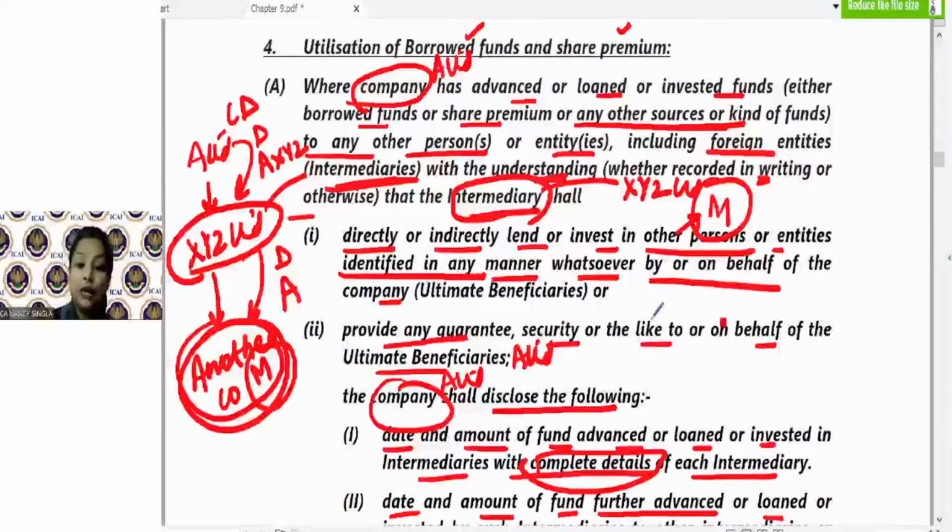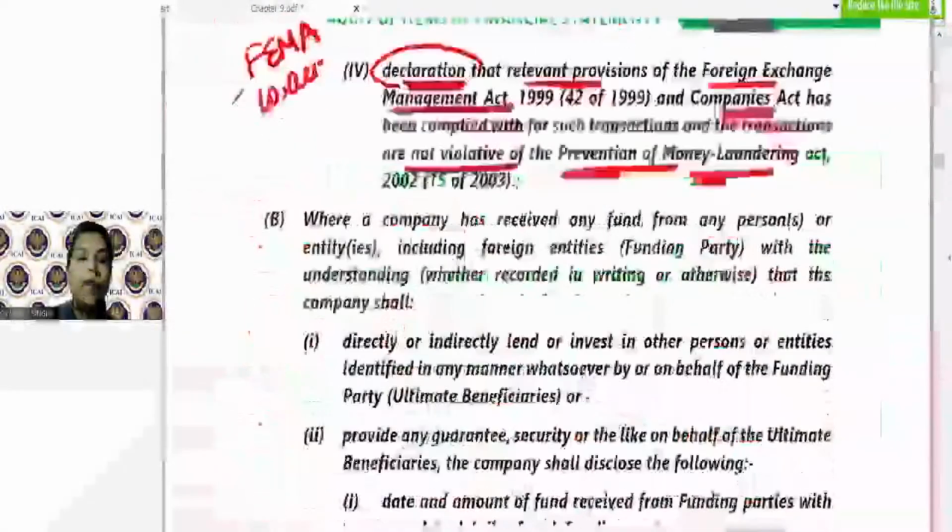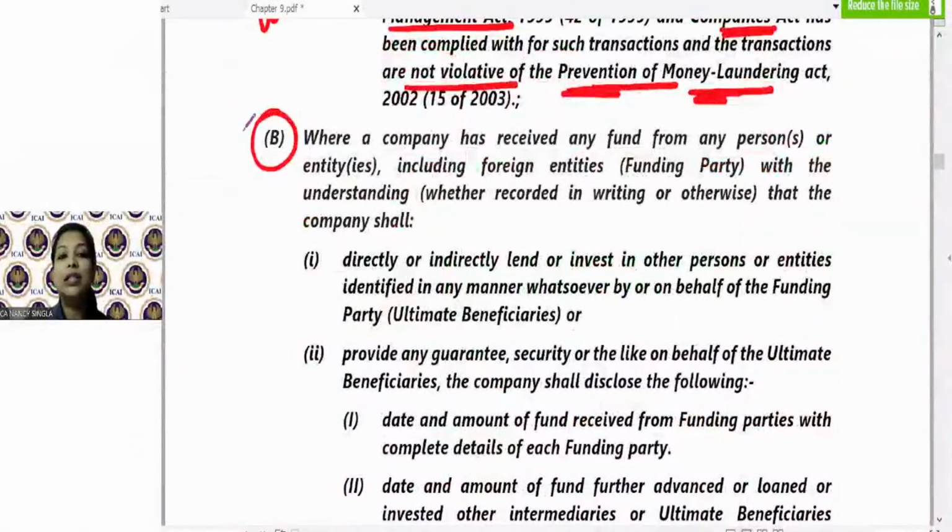Okay. Now this was what? A point, utilization of borrowed funds and share premium. What is the B point? You can consider the B point is exactly the other side of this point. What is meant by that? Here A Limited was the company, the ultimate beneficiary, which gave its money somewhere to XYZ Limited. Now in the B point, A Limited becomes the intermediary.